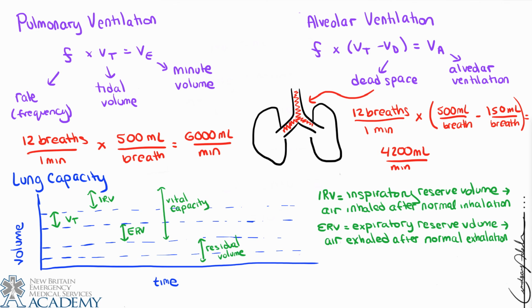The thing that's important about the residual volume is if you think about blowing up a balloon, that first breath, just to get the balloon to puff out a little bit and have a little bit of air in there, is the hardest one. And then after there's a little bit of air, it's much easier to fill the rest of the balloon to its capacity. The lungs work the same way.